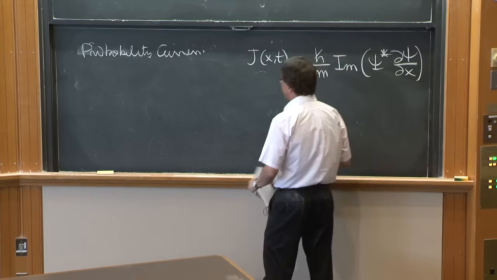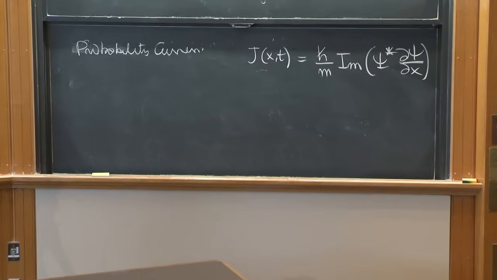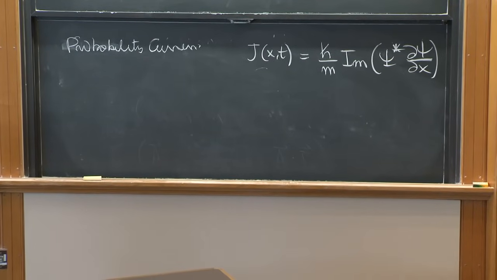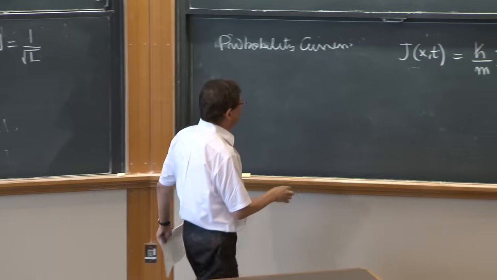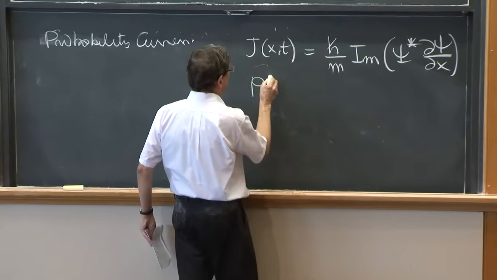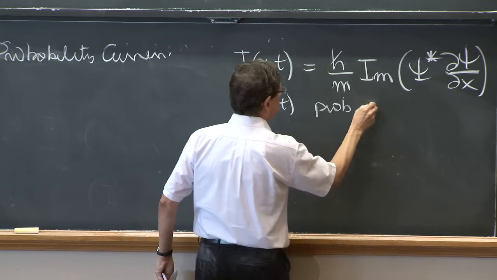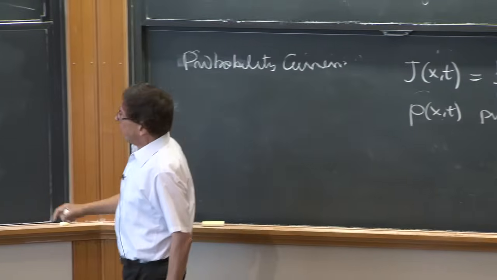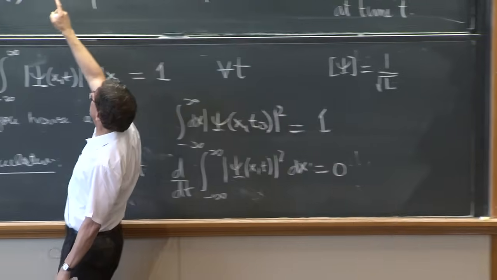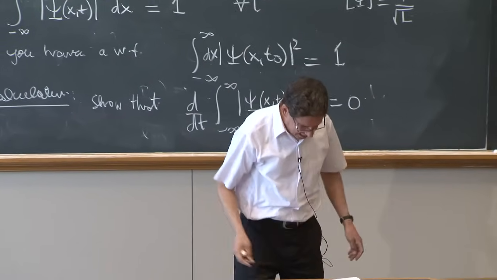So it's a real quantity, and it's called the probability current, and it goes together with this probability density that we wrote over here. So it's the current associated to that density.